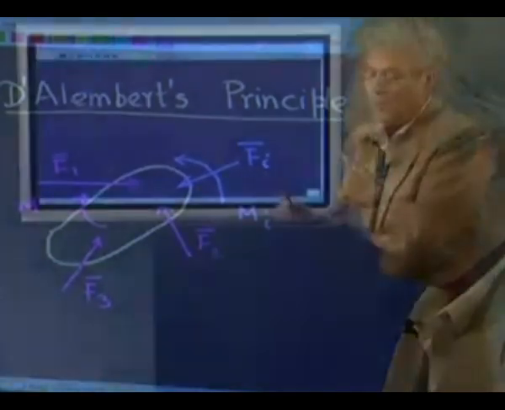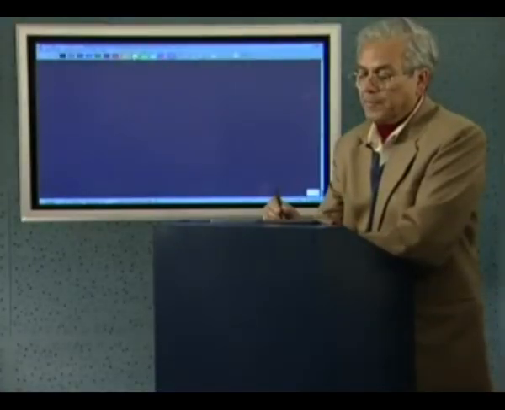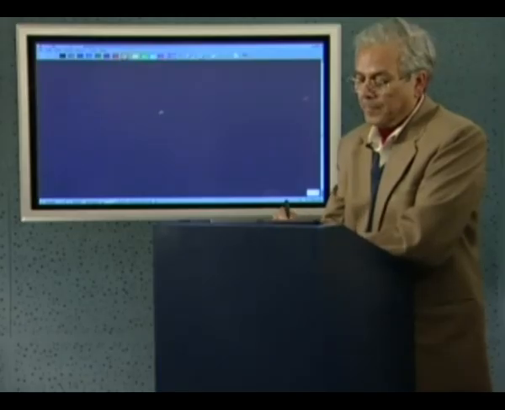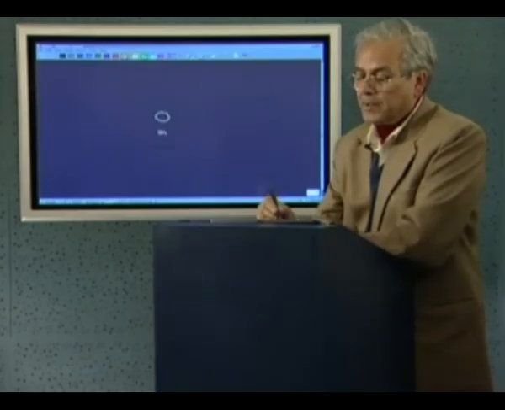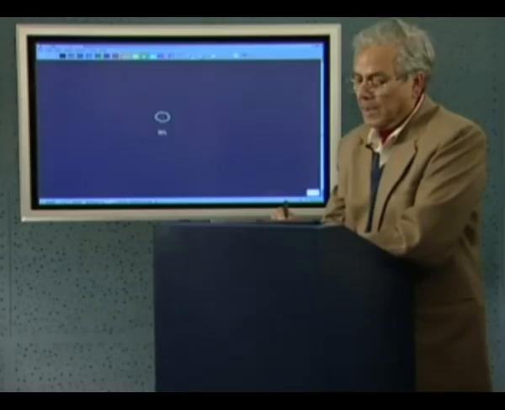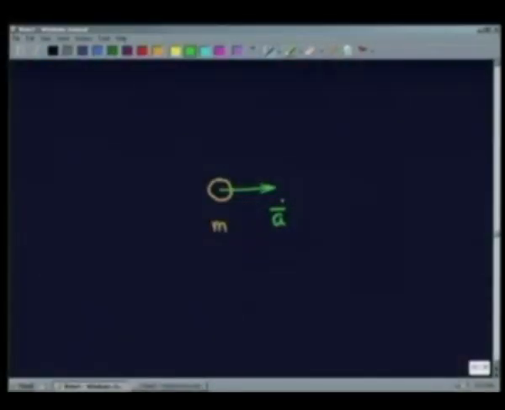See, if we take the simple case of a particle, and this particle has an acceleration a in this direction, it implies that it must be acted upon by a force F, which is given by mass into acceleration.